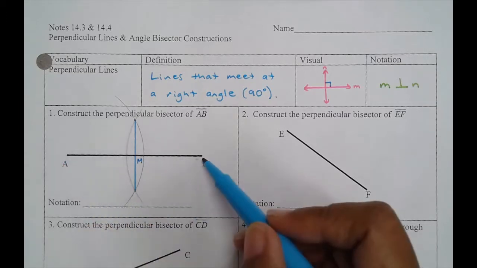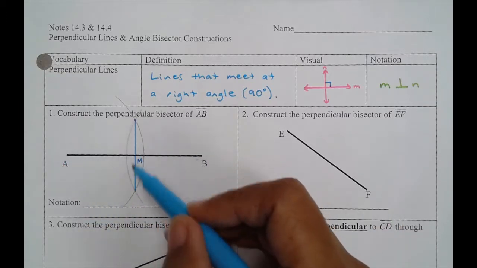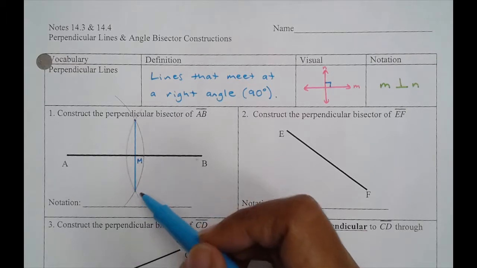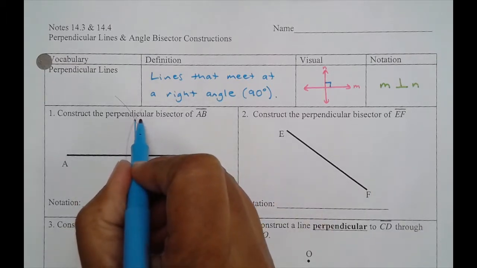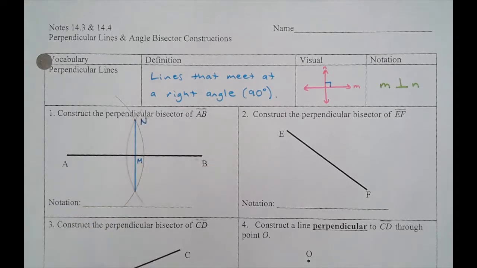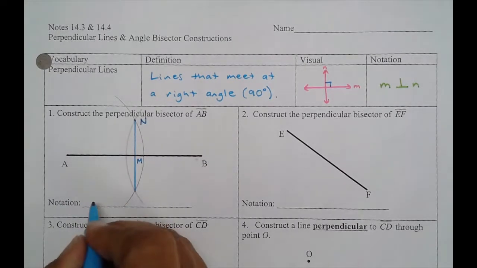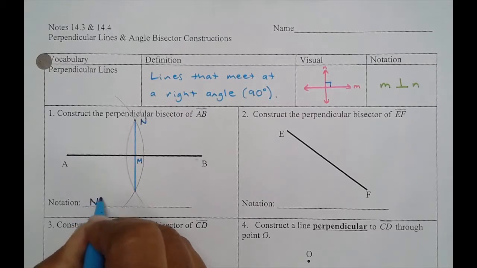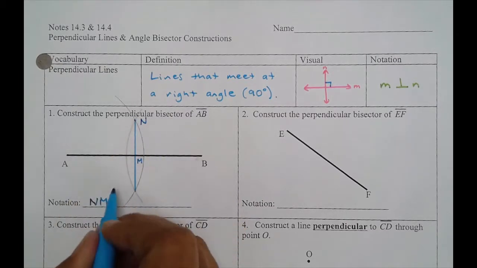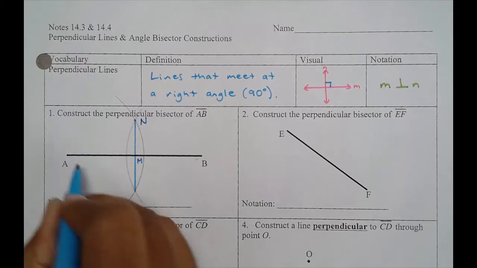So AB is one of them. So I will need something to show that this is actually also a segment. So I'm going to use another letter. I'll go ahead and use the letter N. So one of the notations I can say is that NM, okay, that's this section, is perpendicular to AB.